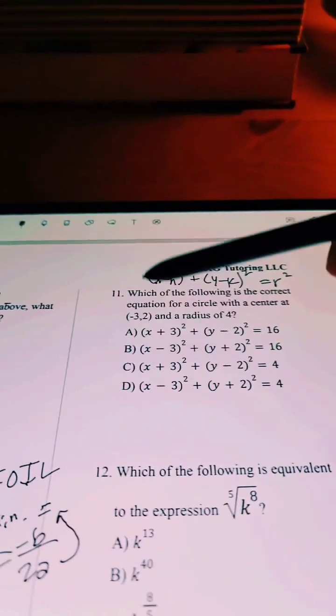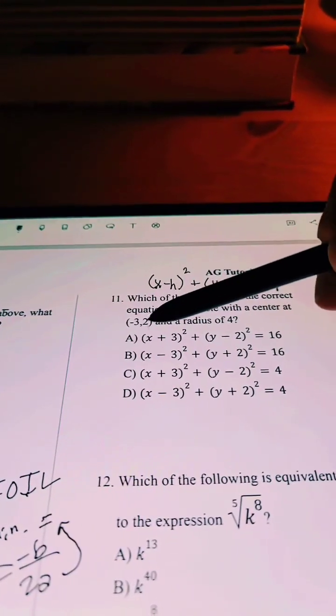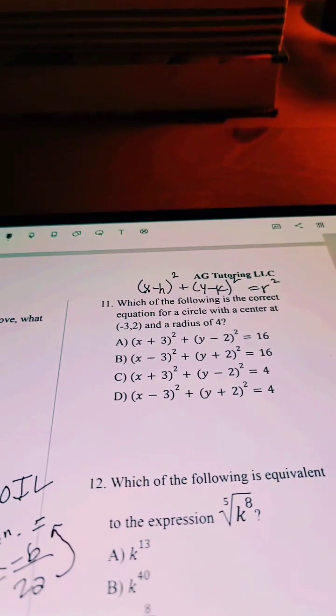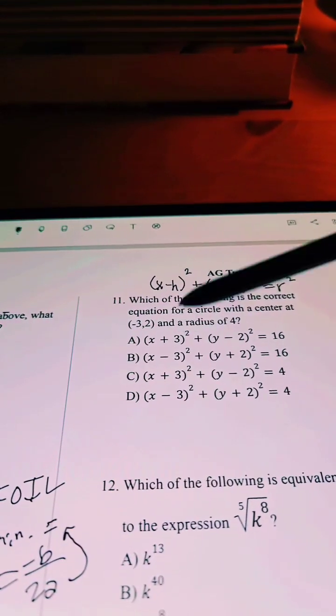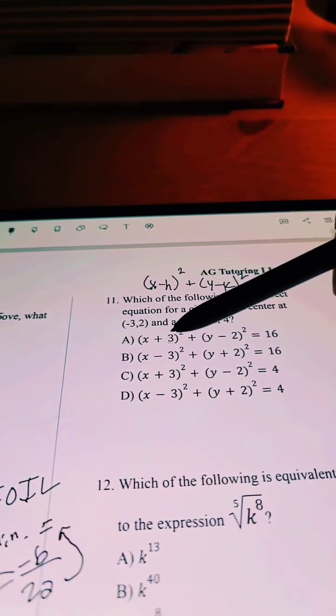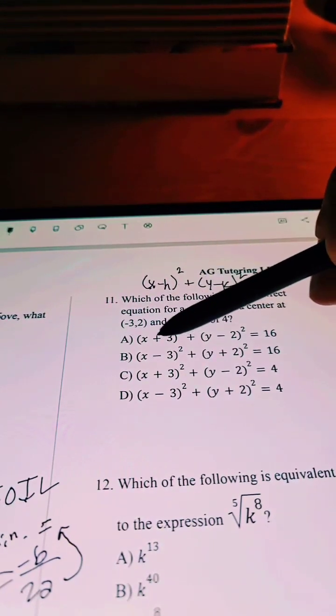So let's look and see, okay, if our center of the circle is -3, 2, that means that, I like to remember it as, instead of looking at h and k, I like to remember that I should be looking for the opposite of what the x is for the center next to my x value.